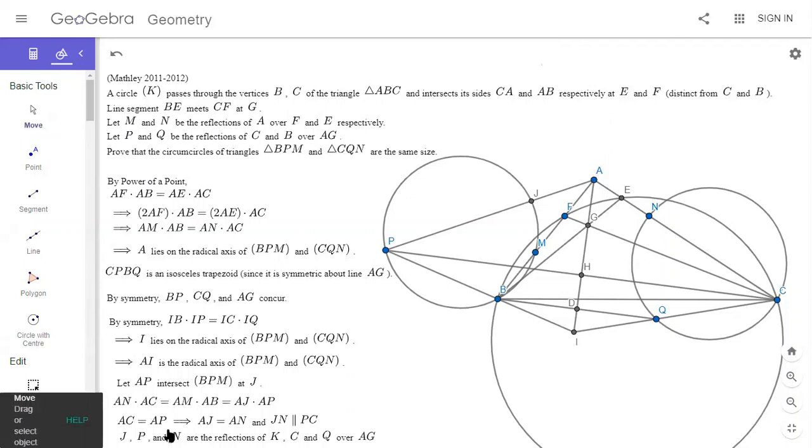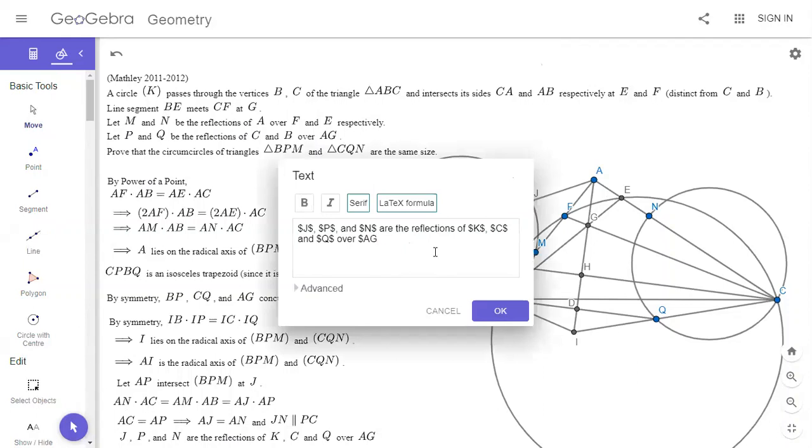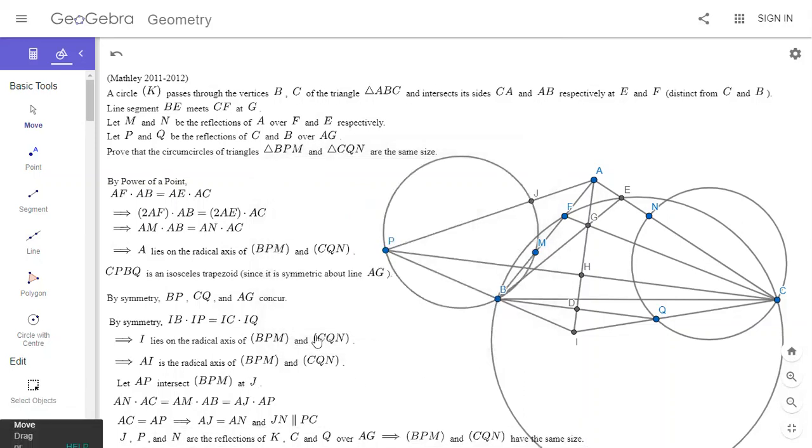If those are all reflections, then those two circles have to have the same size, right? But I'm going to check if G could have been any point.